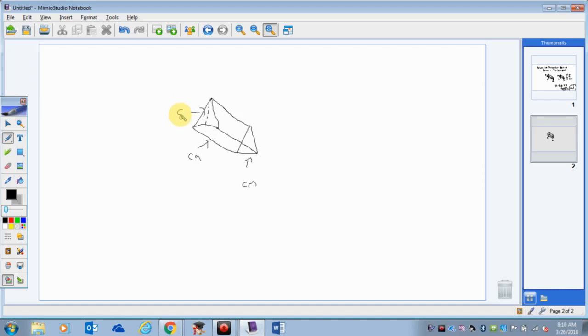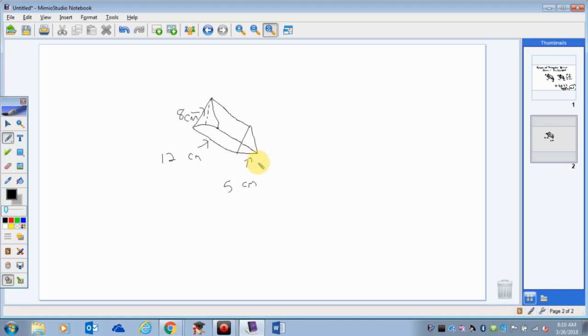So we'll do the height is 8, length is 12, we'll stick with centimeters, and then the width is going to be 5 centimeters. Alright, so at this time, pause the video, work this problem out using the formula that you have. We'll work it together after you pause. Pause it now.